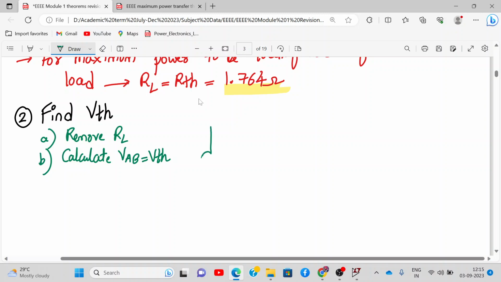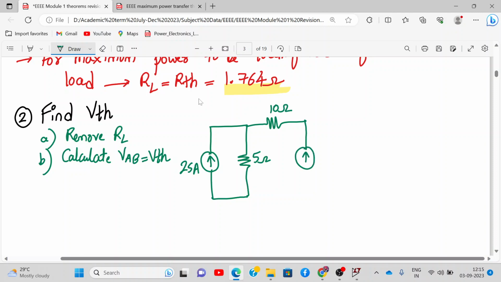Okay. So you can check it out. This is 25 amperes current source. Parallel I have a resistor 5 ohm. Then this is 10 ohm. Then I have a current source of 10 ampere. Then I have terminals A and B.